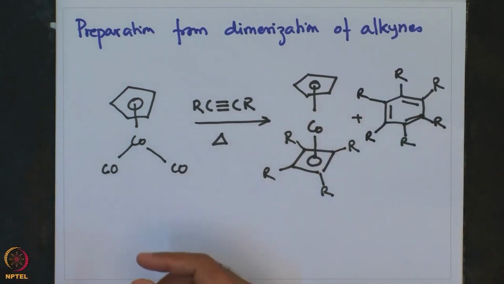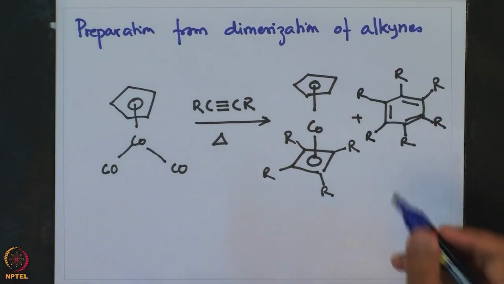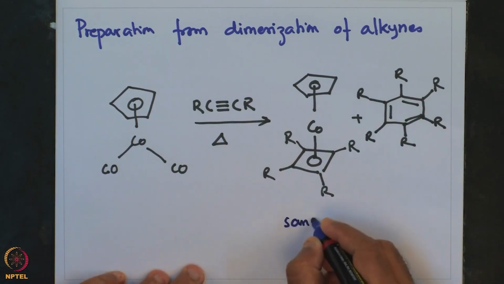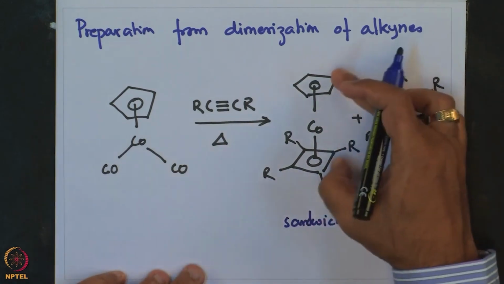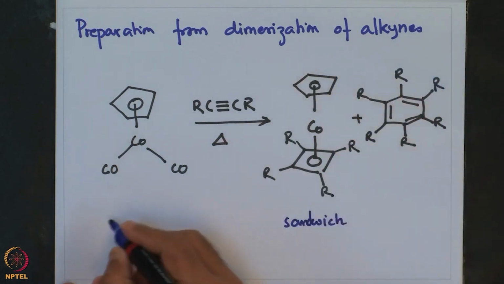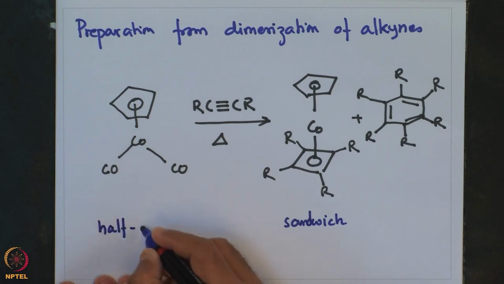So what we see is that one synthesizes a sandwich compound, a sandwich complex, the classification that we had spoken about, from a half sandwich cobalt complex in that classification.